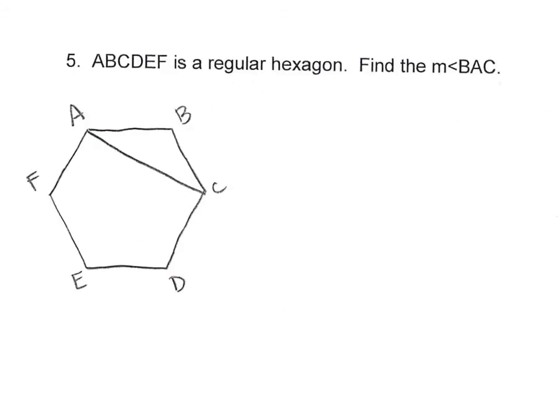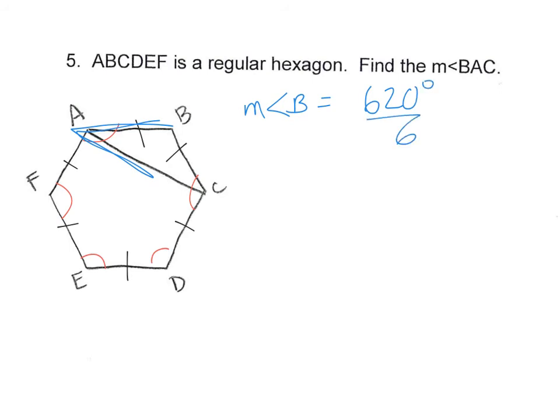Okay, and this last one we kind of already practiced a few times in the last chapter. ABCDEF is a regular hexagon, so all sides are congruent and all angles are congruent. And we're trying to find the measure of angle BAC. So I know the measure of angle B has to be, the total is 720 degrees, and I have to divide it by 6. We've done that a lot before. This is already 120 degrees.